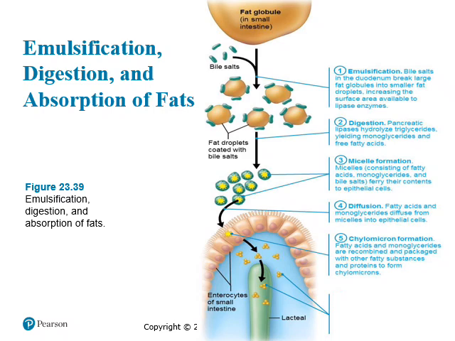Chylomicrons are fatty acids and monoglycerides that are recombined and packaged with other fatty substances and proteins to form these little nuggets. The chylomicron is transported and extruded from the epithelial cells by exocytosis, and they enter the lacteals and are carried away from the intestine through the lymph.